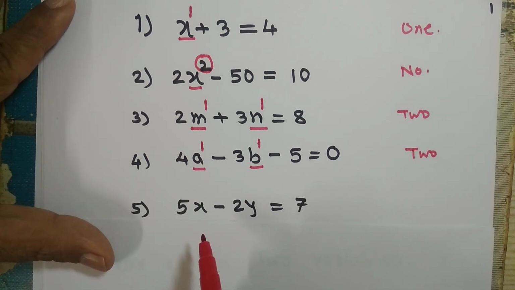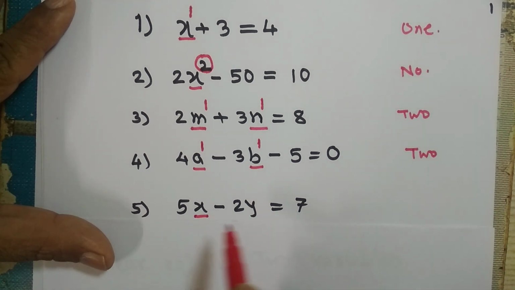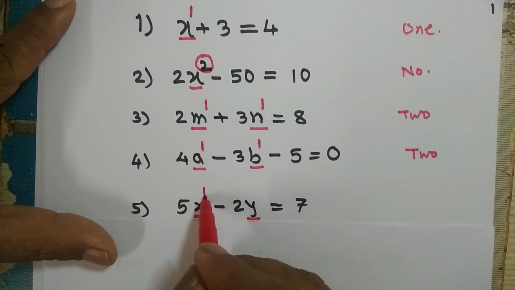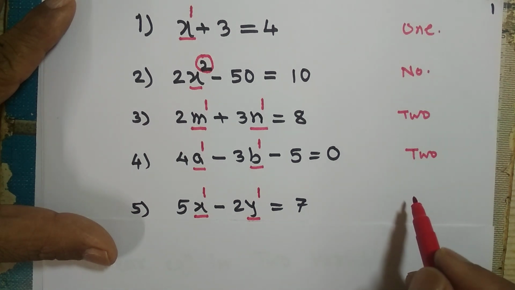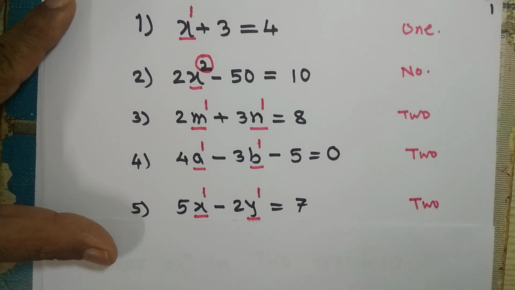Fifth equation we have to see here, 5x minus 2y is equal to 7. X and y are two variables and degree of each term is 1. Therefore, this equation is also linear equation in two variables.